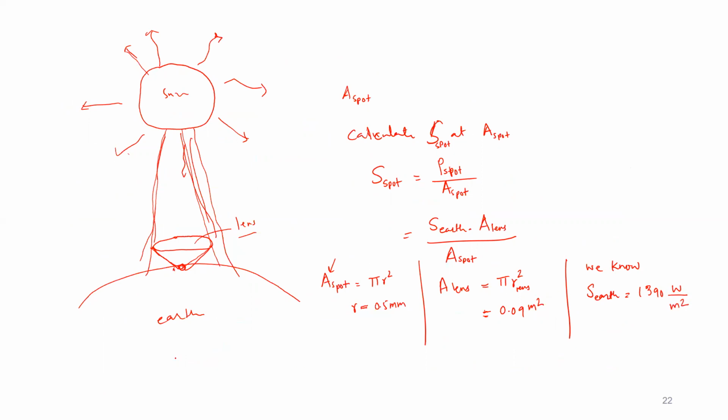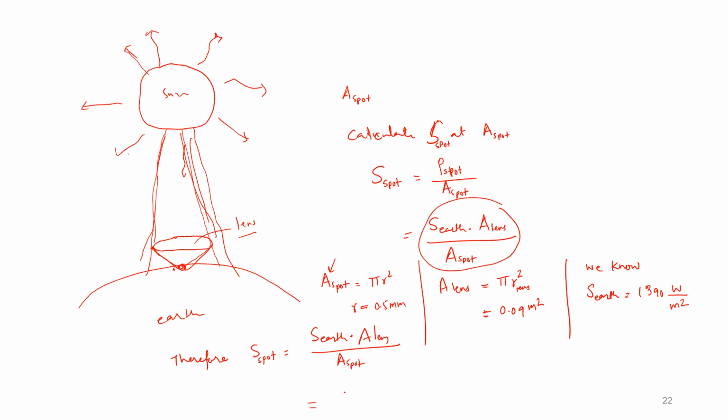With that, we can simply plug in this value. Therefore, the intensity at the spot of EM waves would be S_earth, that is the intensity of the rays reaching the earth, multiplied by the area of the lens divided by the area of the spot. This is the formula. Again, focus on that.